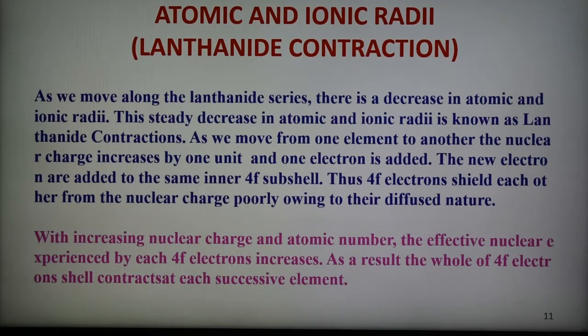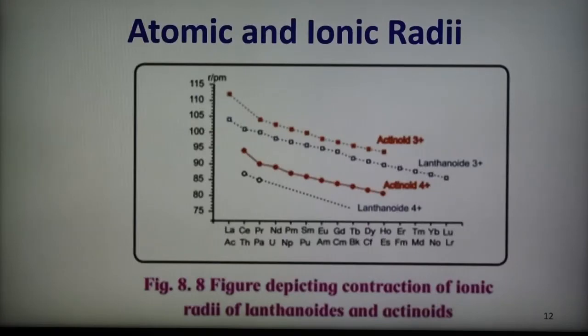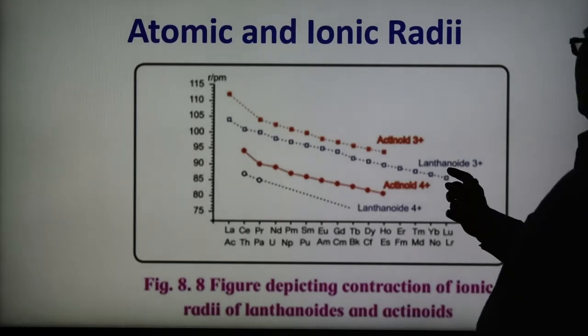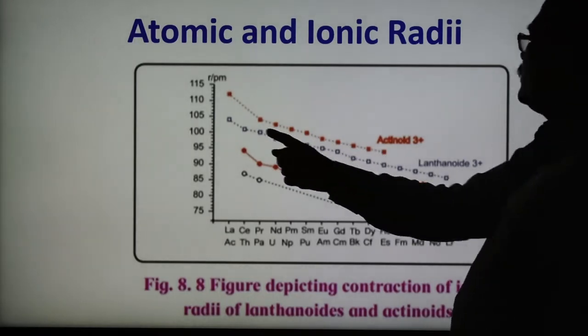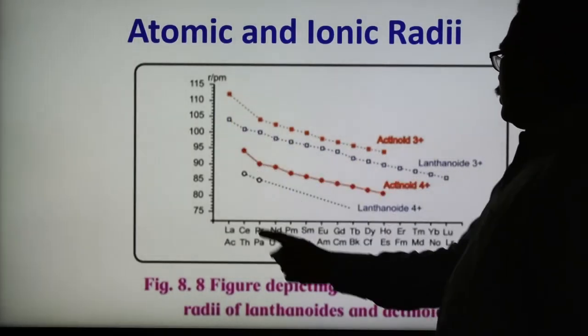There is also another curve, a figure that shows clearly how the atomic and ionic radii decrease. In this color, the lanthanide 3 plus ions are shown.